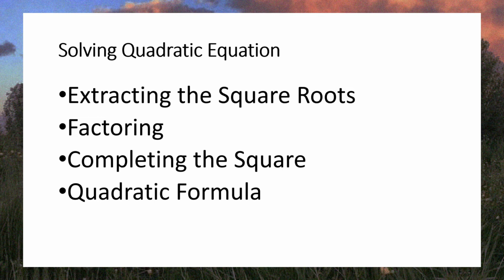Sa factoring naman, mag-iisip tayo ng mga possible factors na pwede nating ma-set up, or when we multiply those factors, pabalik tayo sa original quadratic equation. Completing the square, meron dyan process kung paano siya ginagawa. I-discuss ko na lang mamaya. And then for the quadratic formula, magsasubstitute lang tayo ng values for A, B, C doon sa pinaka-quadratic formula.